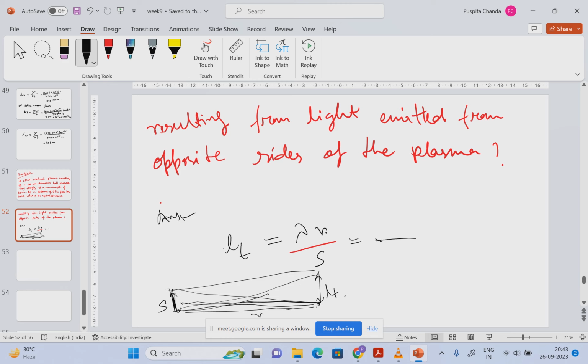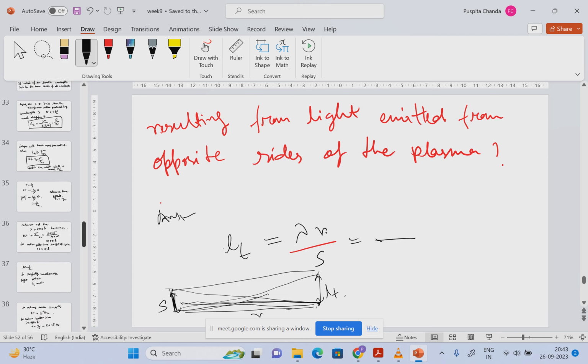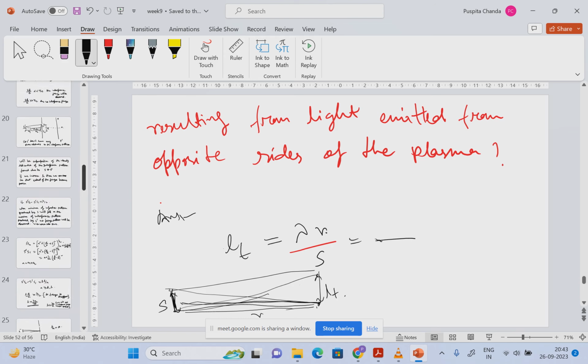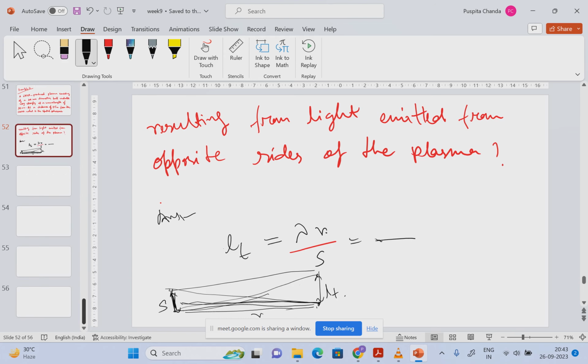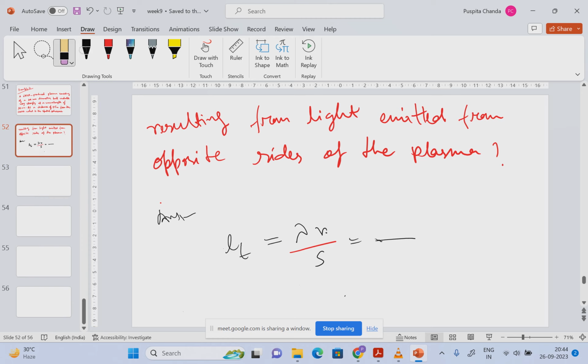The coherence length is D, the longitudinal coherence length actually. This is the coherence length. This is S. This is a distance R.